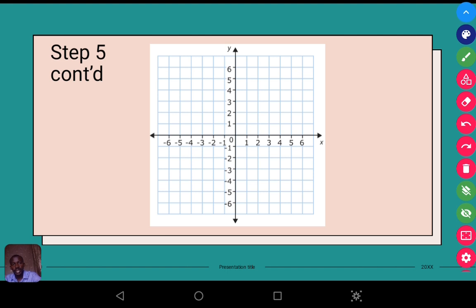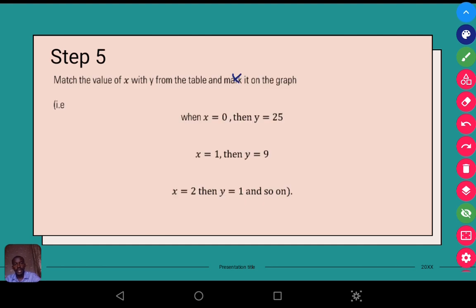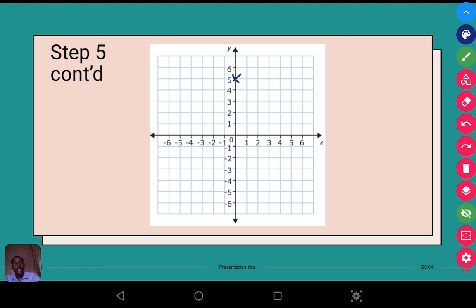So we are taking our 5 as 25 here. So you put a mark there. Okay, when x is 1, y is 9. So we are taking our 9 to be somewhere close to 2. Something like that.